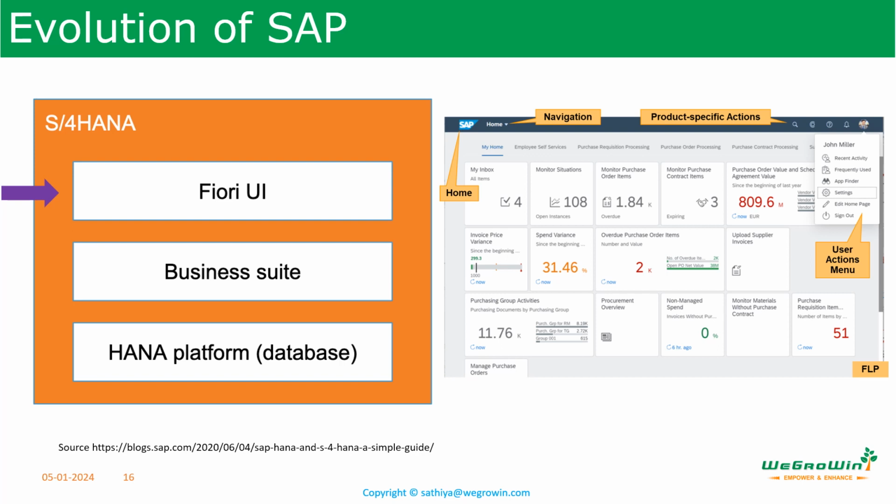Fiori is SAP's new approach to user interface design. One of the main objectives of Fiori is to allow developers to quickly create apps as an interface for specific activities or tasks within SAP. These apps can feature improved visual design and role-specific actions and be adaptable between desktop, tablet, mobile, etc. Fiori starts from the launchpad where different apps can be placed as tiles along with global elements such as personalization options, search, and notification.